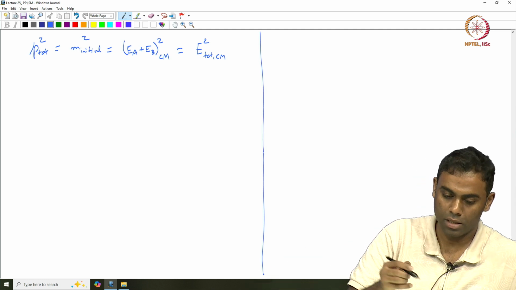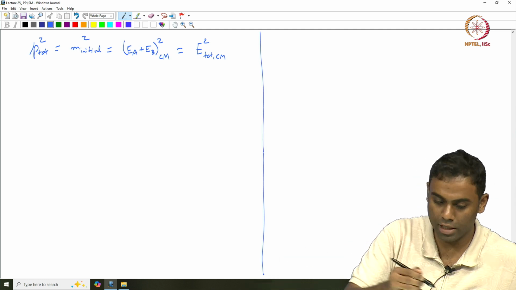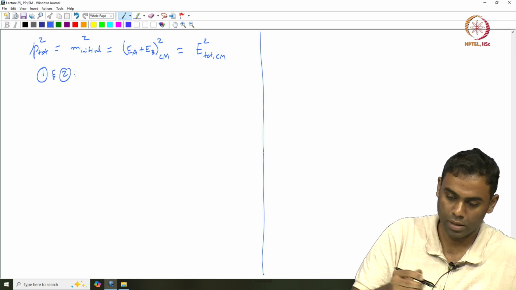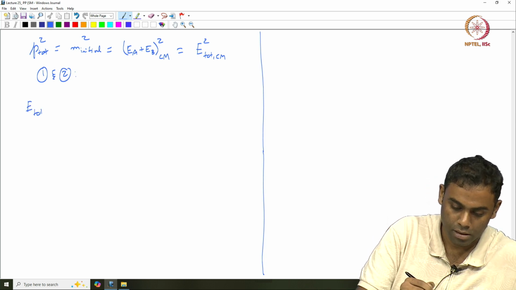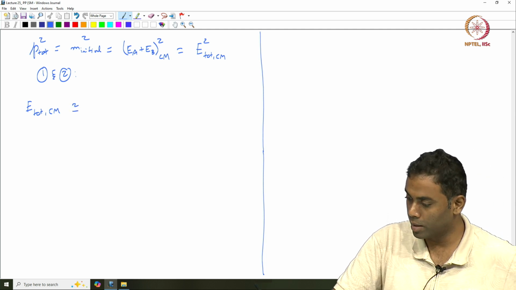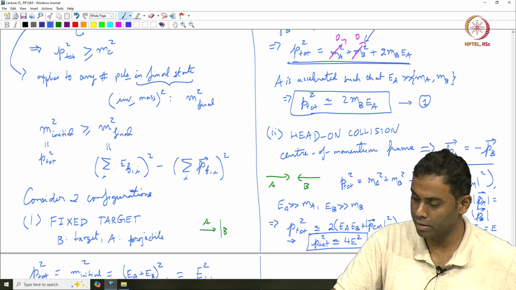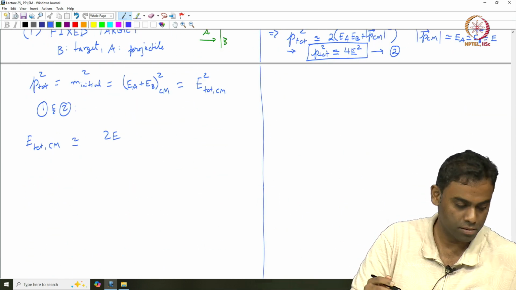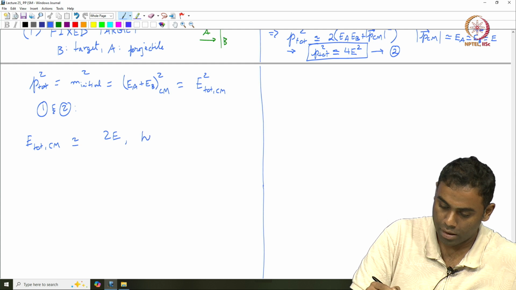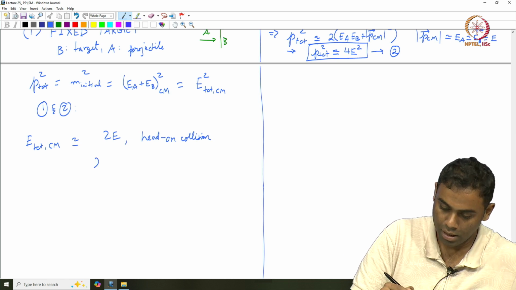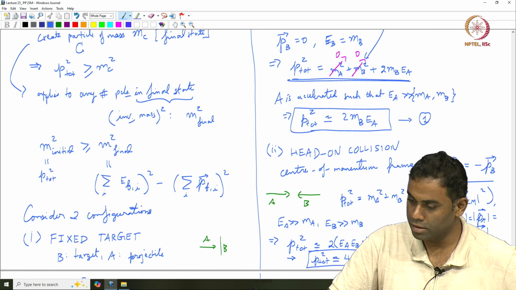Okay. Now, in that light, I am going to rewrite equations 1 and 2. That tells me that the total energy in the center of momentum frame is, so I am now taking the square root of all those equations, would be 2E, see 4E squared, the square root of that is just 2E for head on collision, and what was it for fixed target?